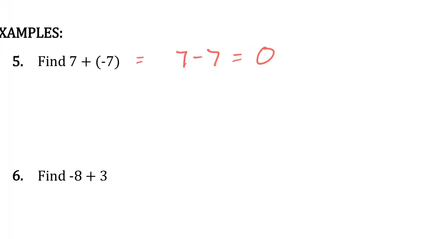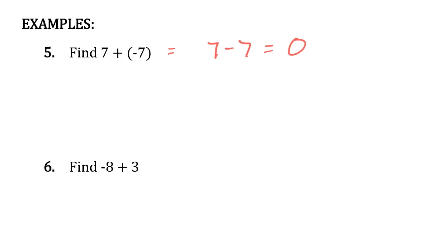Number 6, I have, again, subtract your absolute values. 8 minus 3 equals 5, right? And since negative 8 over here has a larger absolute value, my answer is going to be negative. Okay?